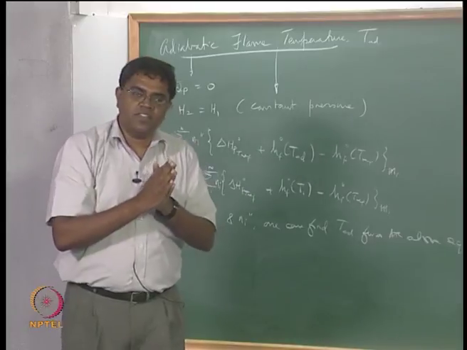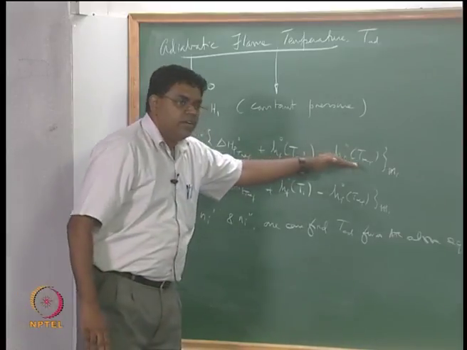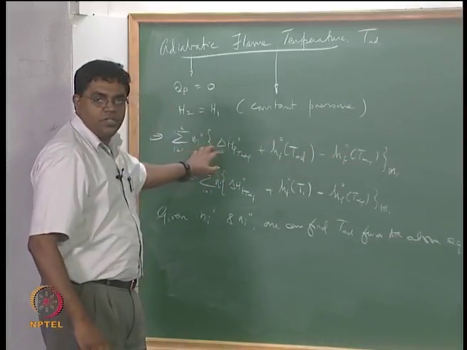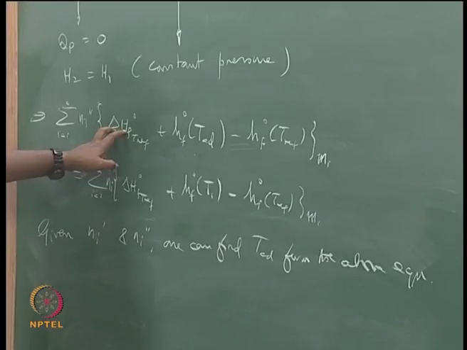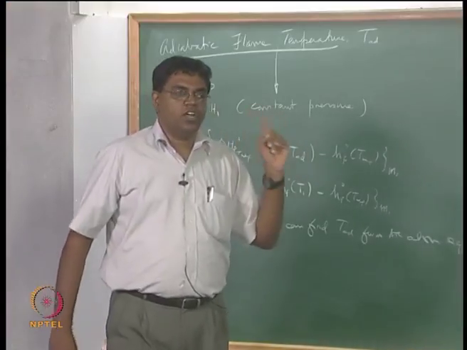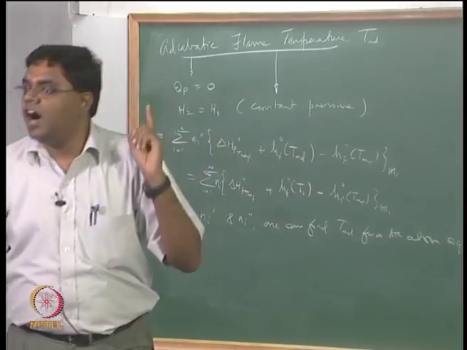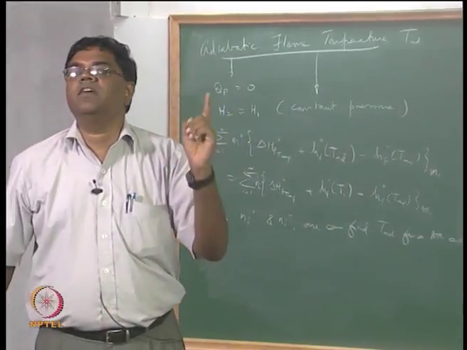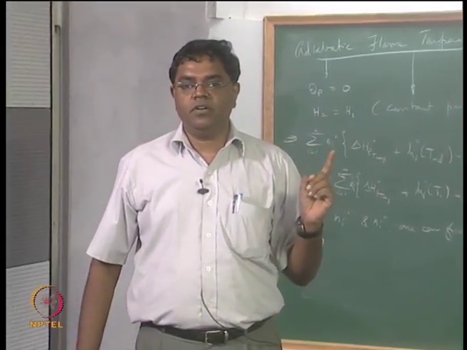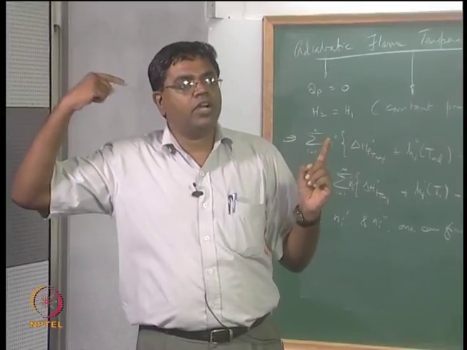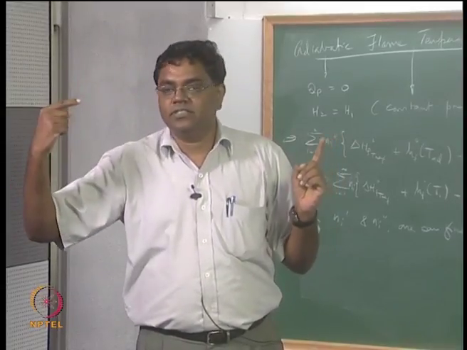If your sensible enthalpy has to be high, the heat of formation here has to be low. That's the reason why we said a stoichiometric mixture is the one where the products will have the highest negative heats of formation. So now we are getting back to why we were talking about that.